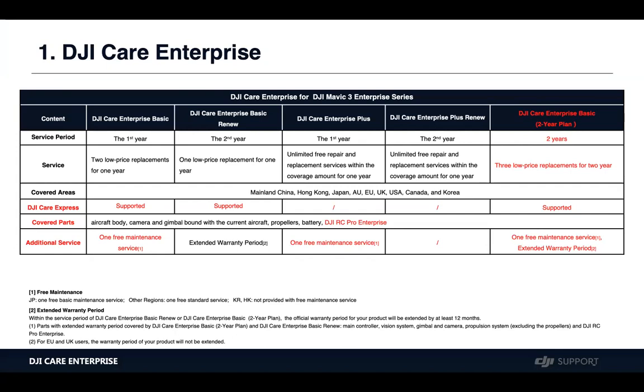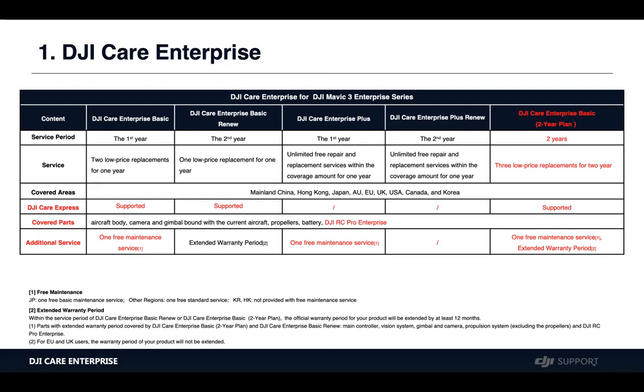DJI Care Express is just an option for the DJI Care Enterprise Basic, and the covered parts would be the aircraft body, camera, the gimbal that's bound with the current aircraft, propellers, battery, and the DJI RC Pro Enterprise. And in regards to additional service that's included, that would be 1 free maintenance service.